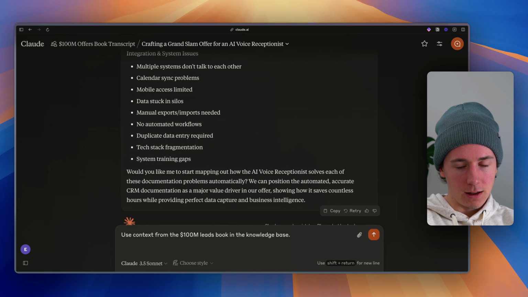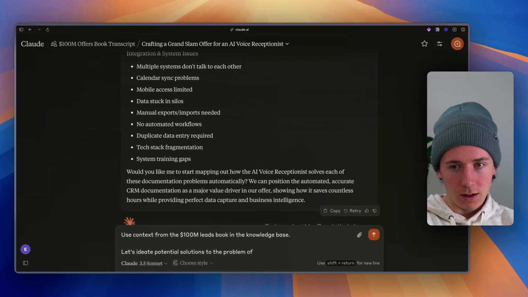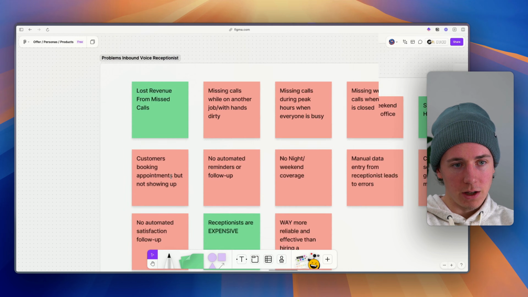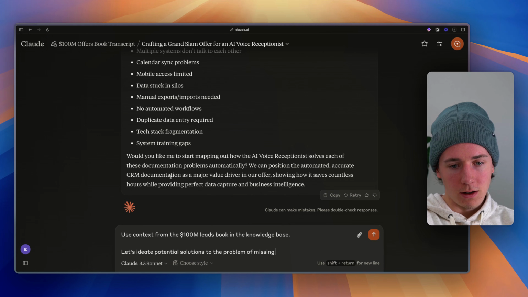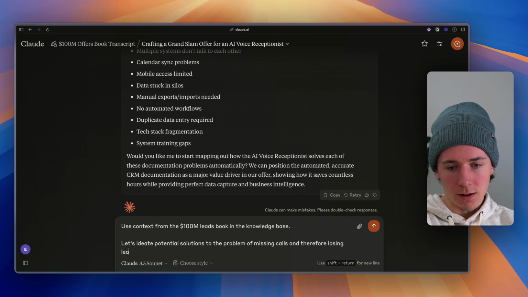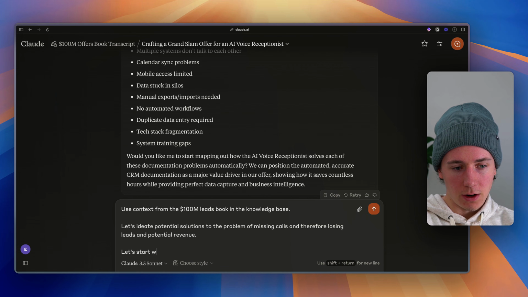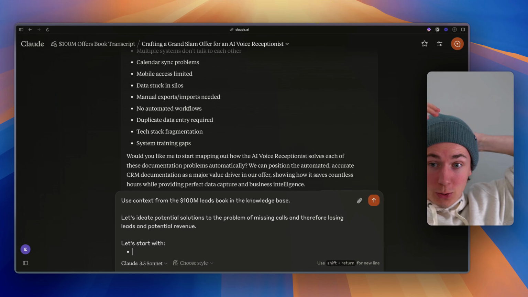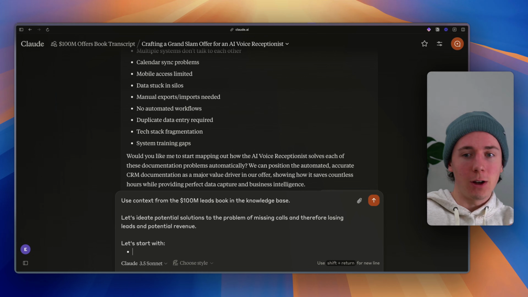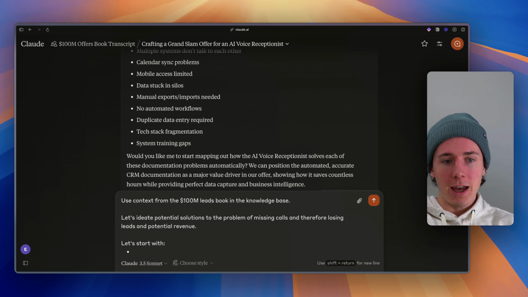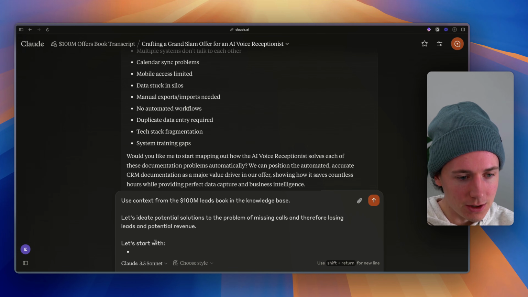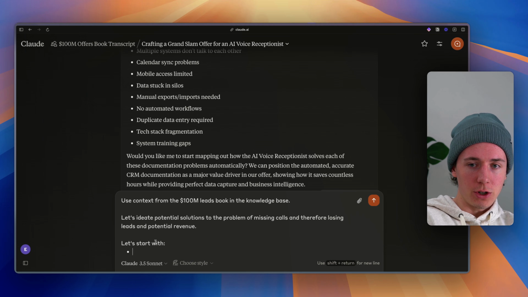Help me ideate potential solutions to the problem of missing calls, and therefore losing leads and potential revenue. I like to do this without AI to start, just to get the juices flowing. I don't want to become too reliant on AI. So I think at the core of this, let's start with, what are the solutions?